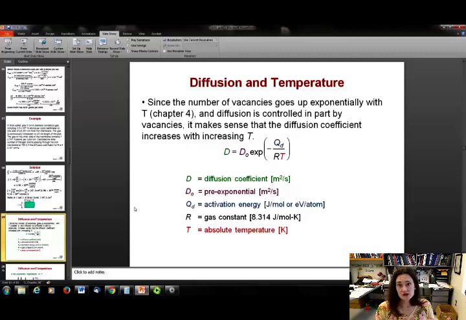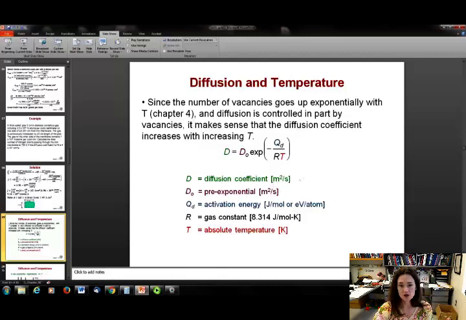The equation that relates the diffusion to the temperature relates to that diffusion coefficient D. And D, that you would plug into Fick's first law, you can figure out the temperature dependence of that coefficient using this equation, D naught times e to the minus Qd over RT, or Qd over kT if your units are different.